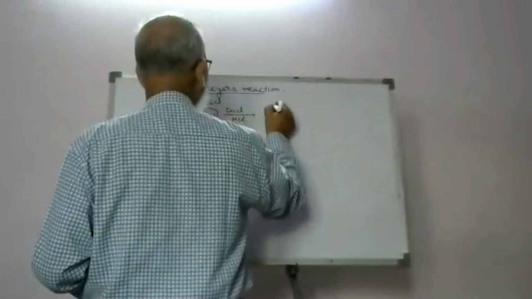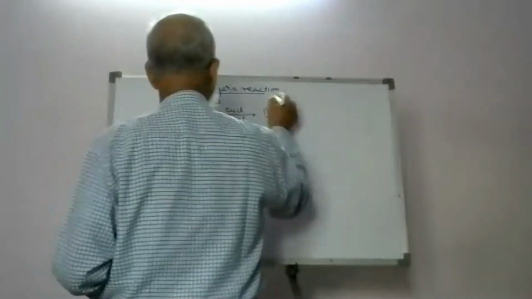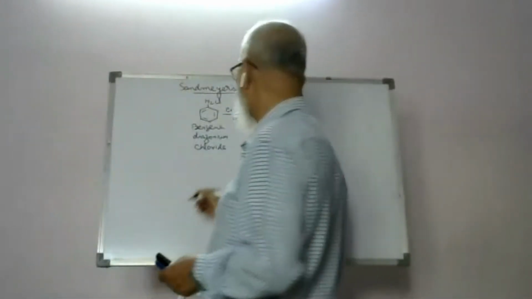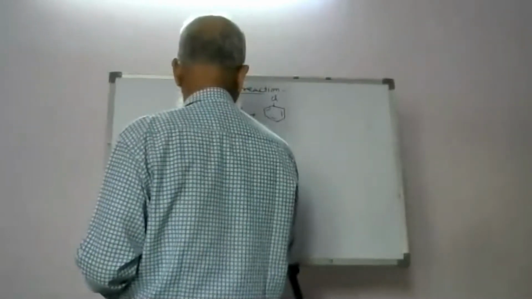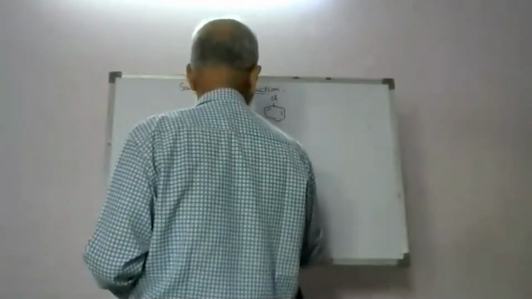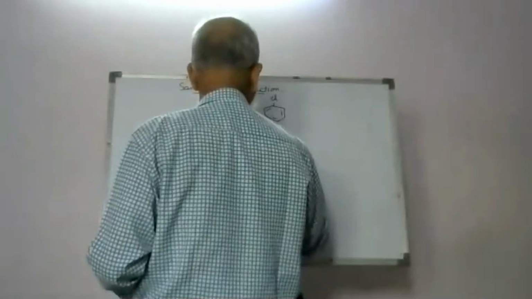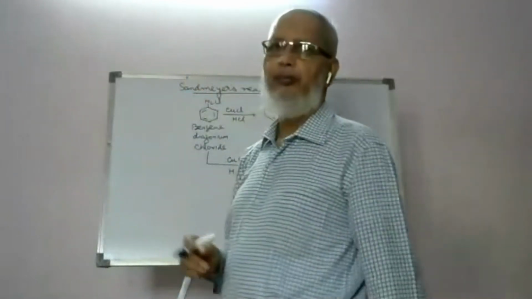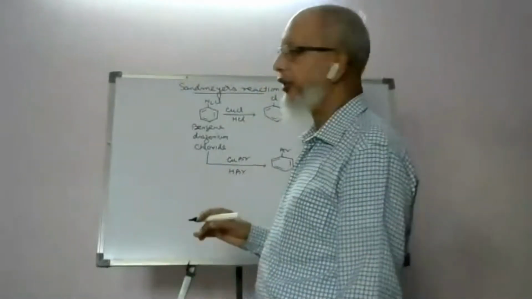This will give you chlorobenzene. And if it is heated with cuprous bromide and HBr, we get bromobenzene. So these reactions are called Sandmeyer reaction.